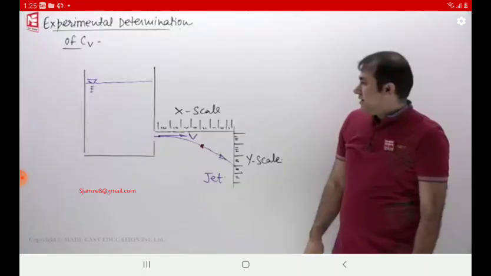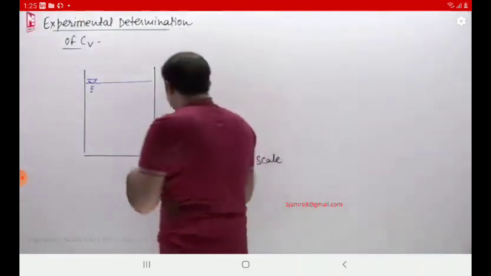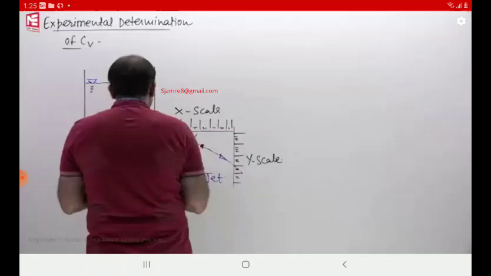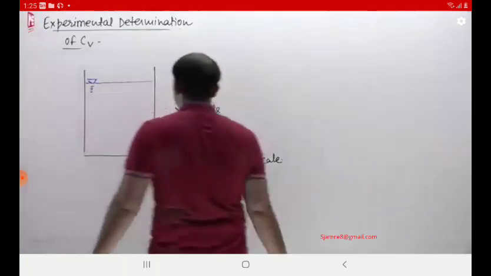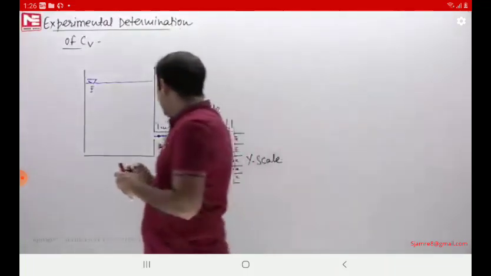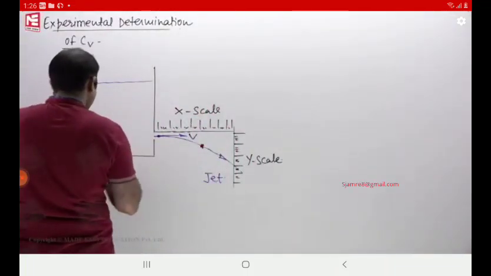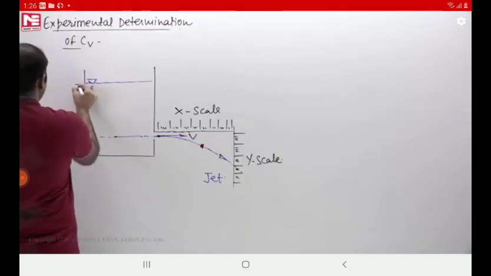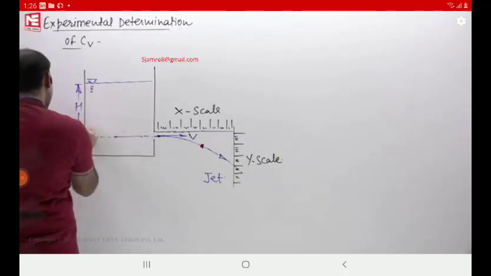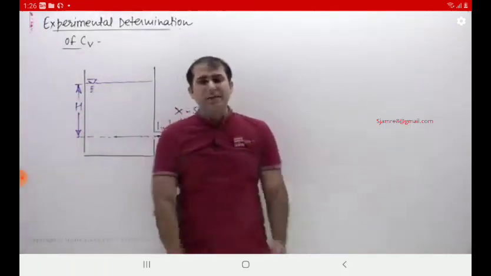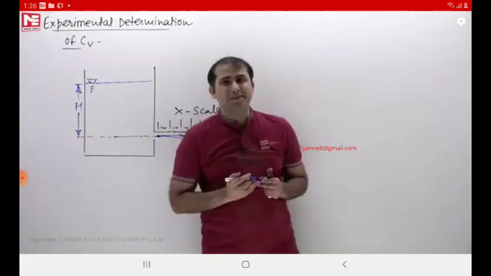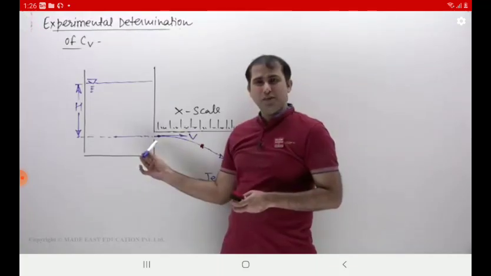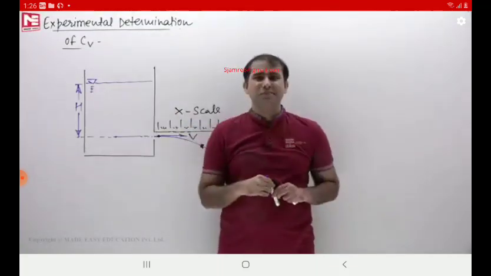Next, this is the level, and this I am going to call h. It is part of the laboratory setup that we maintain h constant. Whatever flow is released from the orifice, the same we provide as input.